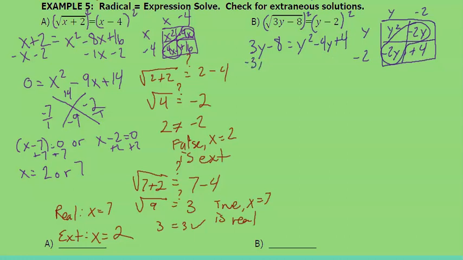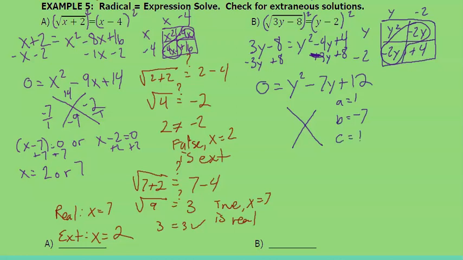Move everything to one side of the equation. So then we get 0 equals y squared minus 7y plus 12. Factor. A is 1, B is negative 7, and C is 12.